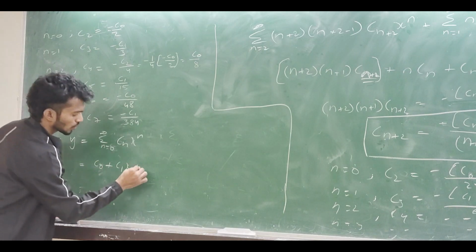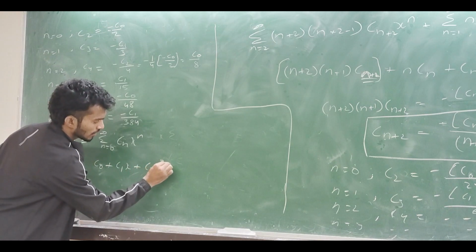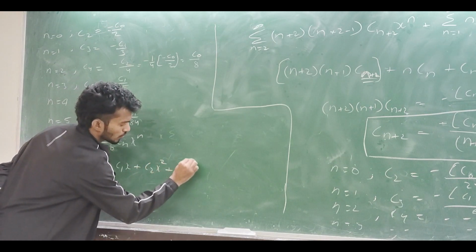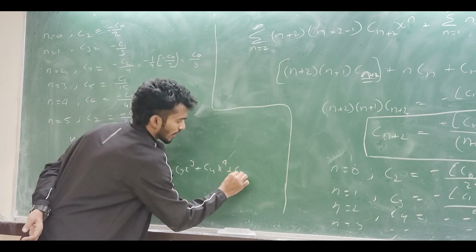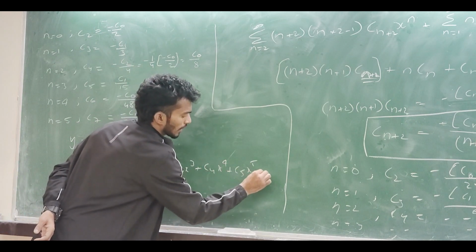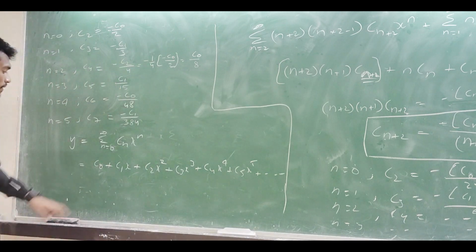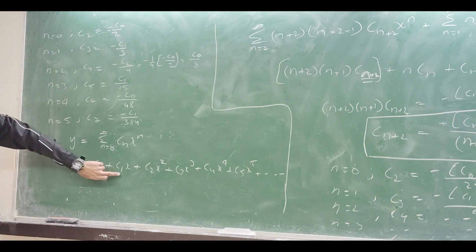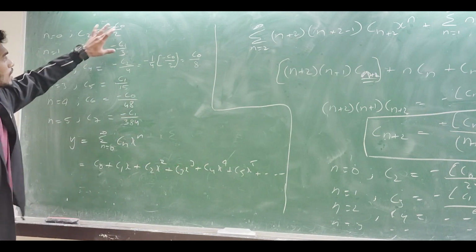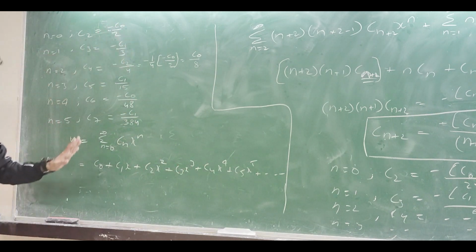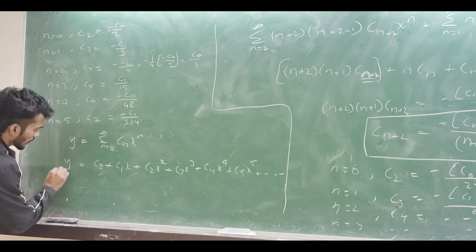If n equal to 2, then C2 x square plus C3 x cube plus C4 x to the power of 4 plus C5 x to the power of 5 and so on. We keep C0 and C1 as they are, and write C2, C3, C4, C5 in terms of C0 and C1, okay?